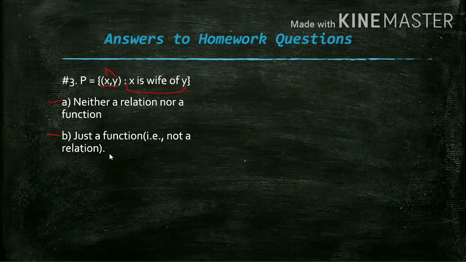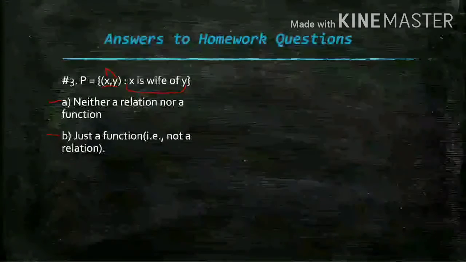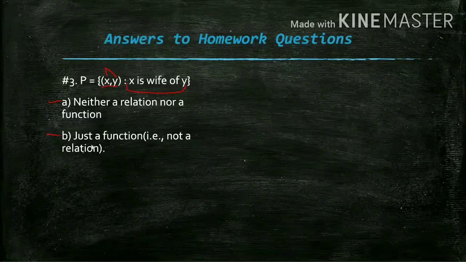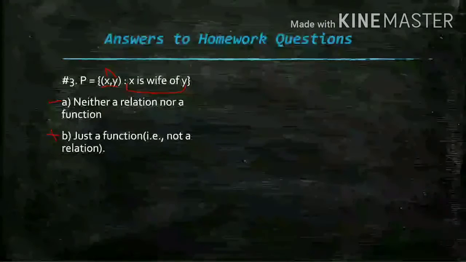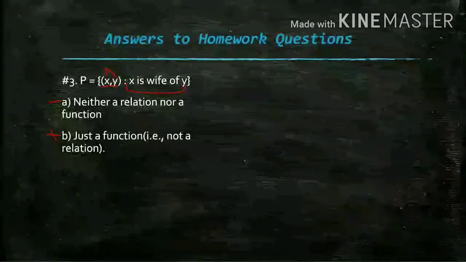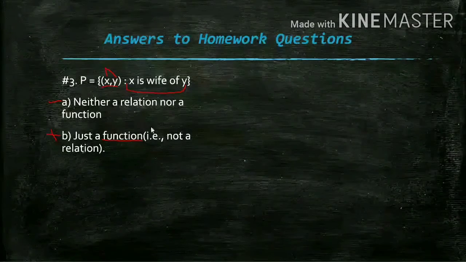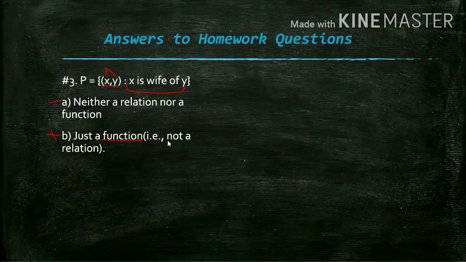Now, if I just ask you right now without showing the options, one option you can easily discard, which is this one. Can I ask how? Think before you answer. This is an easy question. It is saying just a function, and in brackets it is written not a relation.